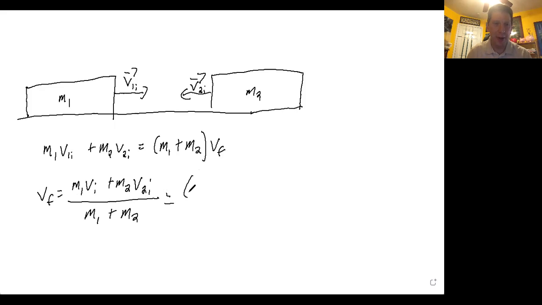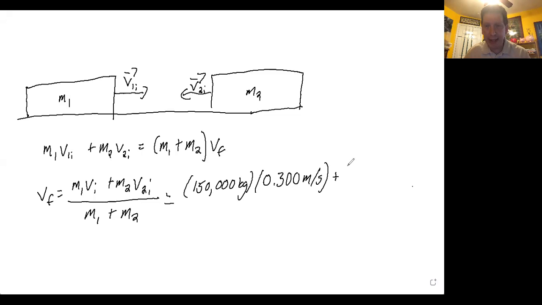And so we have M1 as 150,000 kilograms, V1I is 0.300 meters per second. That's the momentum of the first train car.